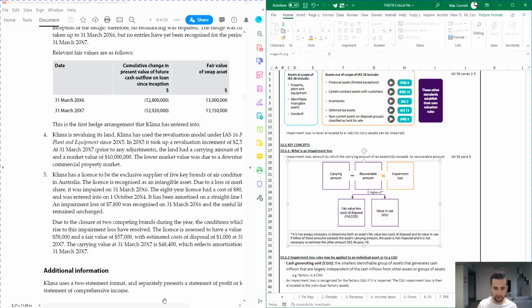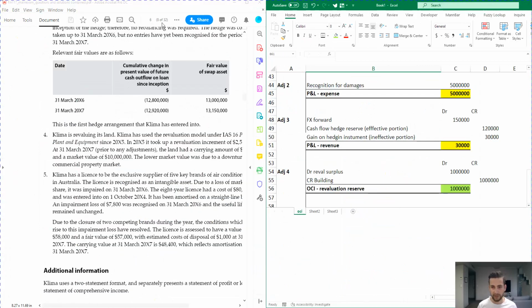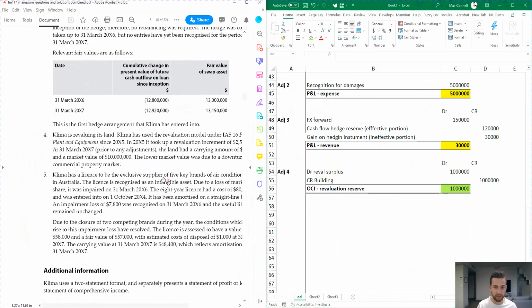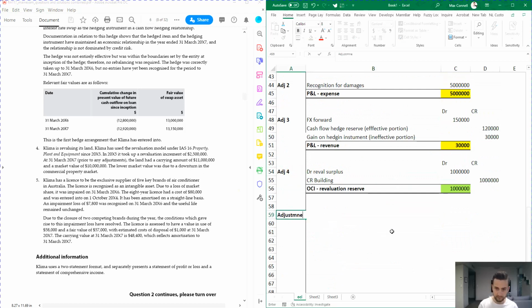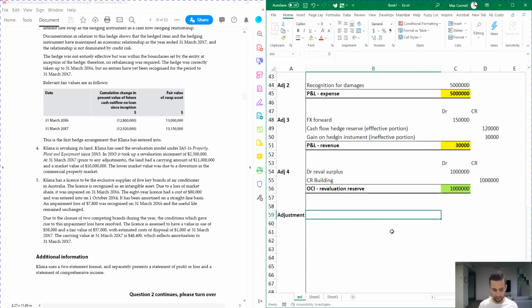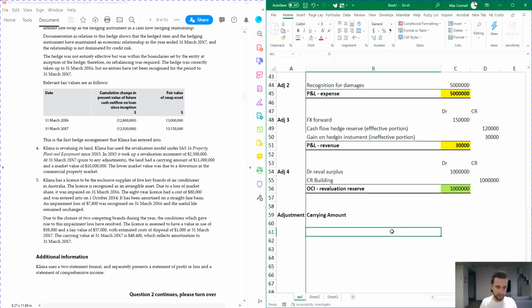So the first step is to calculate the carrying amount, as if no impairment charge had been lodged previously. How we calculate this is we bought the asset for $80,000 in October 2014, and it should be amortized on a straight line basis.